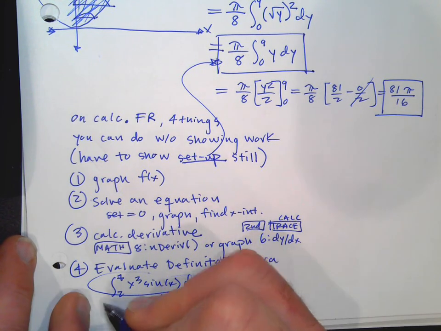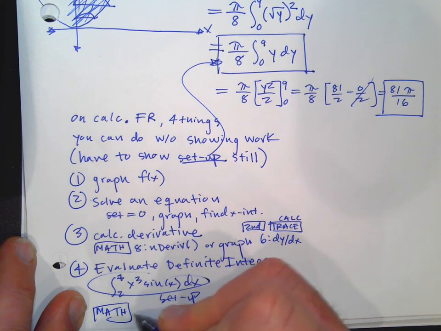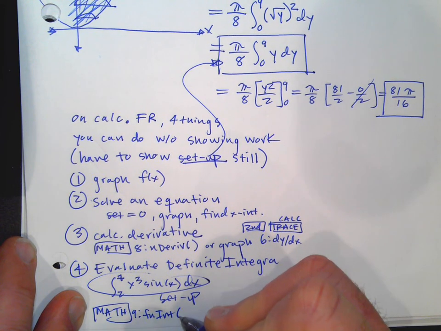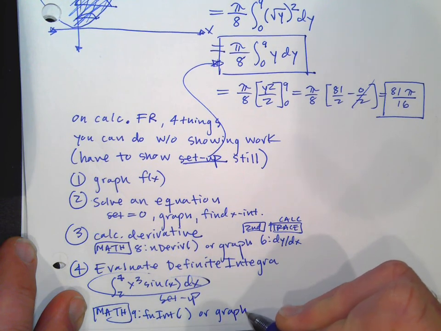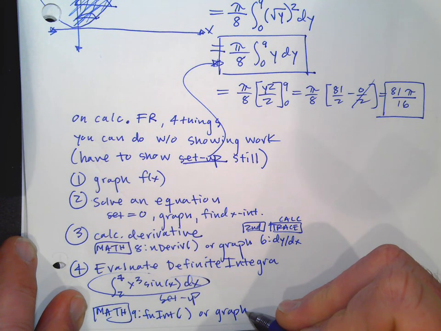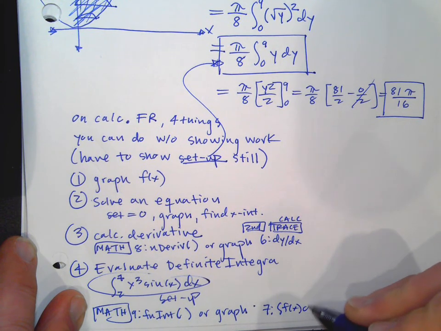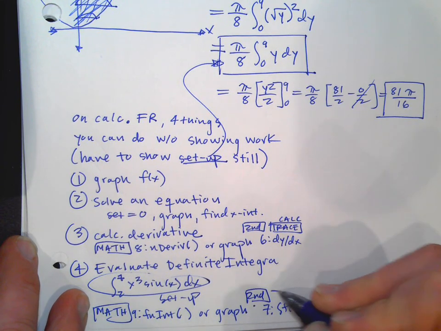Now you could do this most of the time from the home screen, Math 9, fnInt. But you could also do it from the graph screen. It takes longer and you can only do one function at a time. It's option number 7, integral of f(x) dx, under the second trace calculate menu.